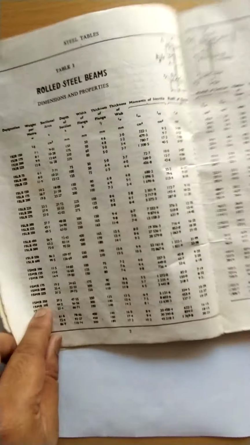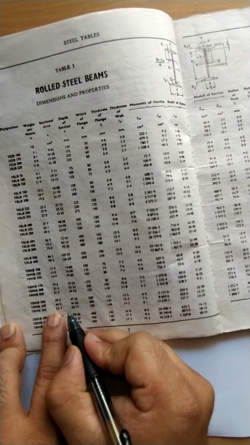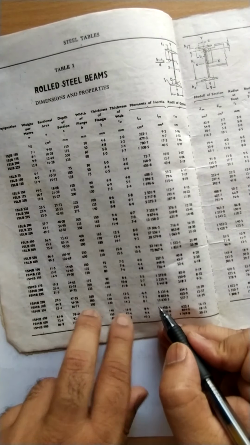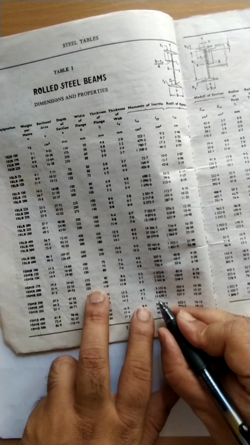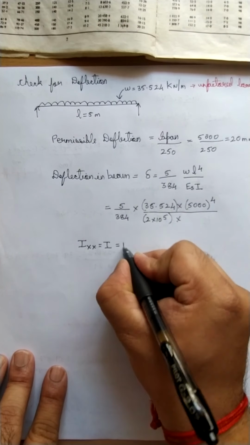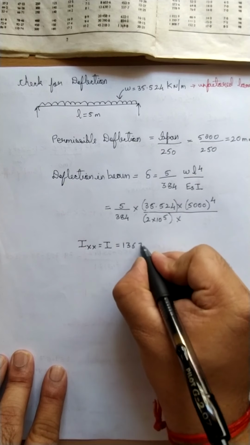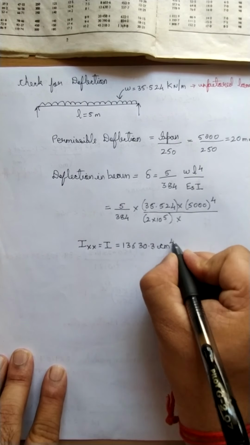So this is the steel table. So this is the section ISMB 350 at 52.4 kg per meter. So Ixx is given here, that is the moment of inertia, that is this value. So note down this value from here. So Ixx is equal to 13630.3. It is in terms of centimeter raised to 4.